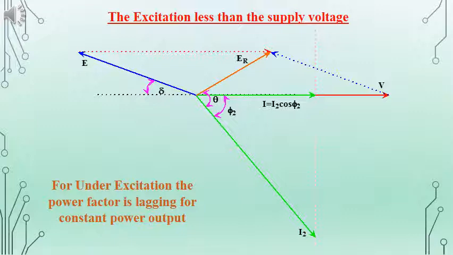That means for the same power, the synchronous motor can be operated at different power factors by changing the excitation. That is why the synchronous motor is called synchronous condenser, or one of the applications of synchronous motor is the power factor correction.